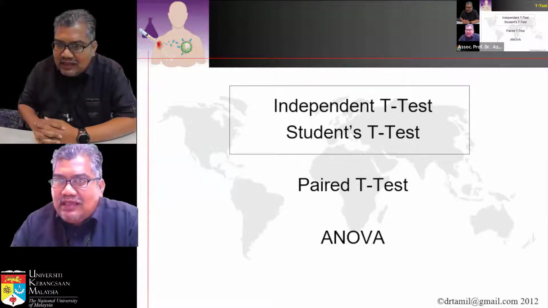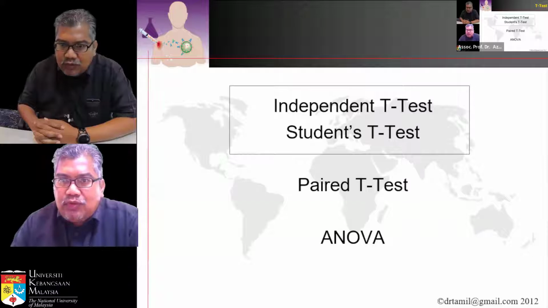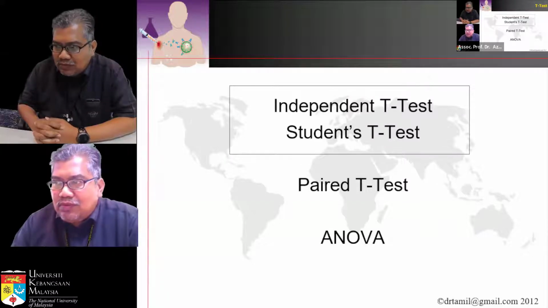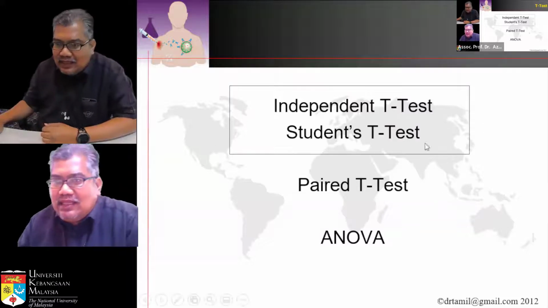This is the other test that you tend to use a lot, which is the student's t-test. Student's t-test is also known as the two-sample t-test or independent t-test. Basically, you're comparing two groups. I'm also going to cover the paired t-test and ANOVA.